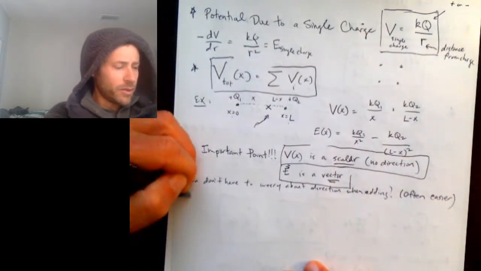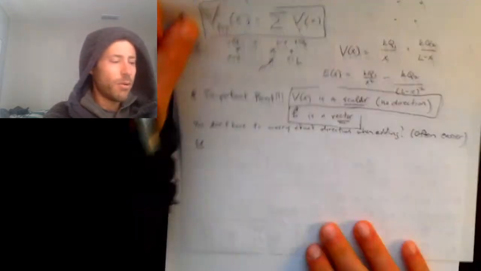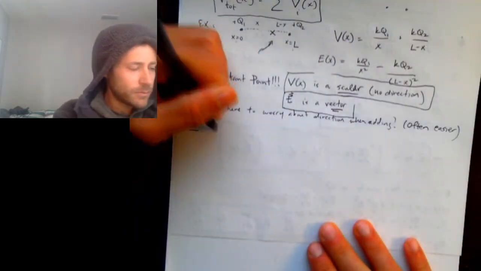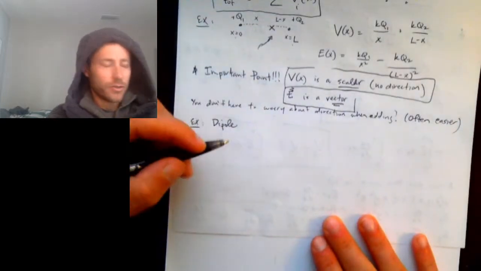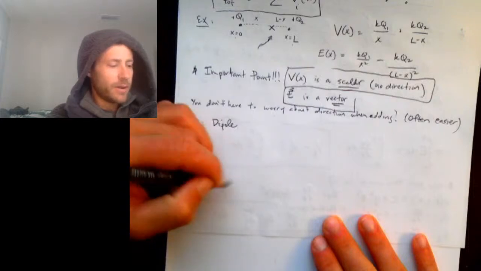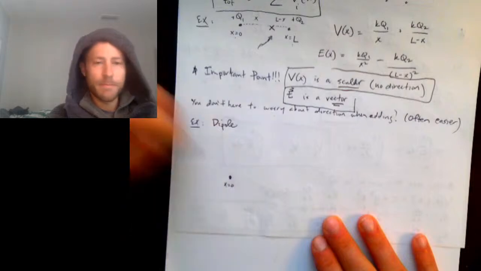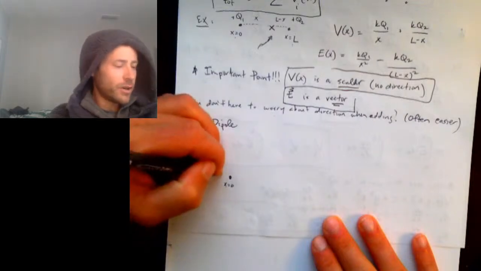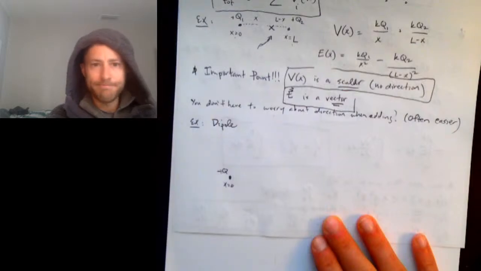Let me show you how that works. What if we had a dipole? Here is x equals 0, and here a charge minus q is at the origin.